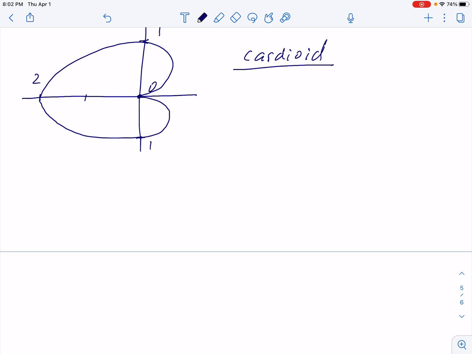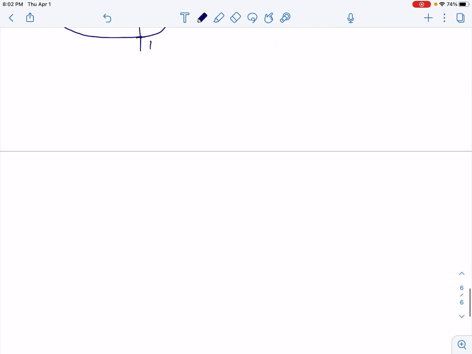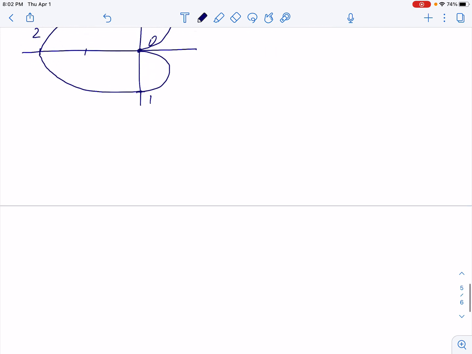Drawing by hand is important because you get better acquainted with the curve. If you just use the calculator, sometimes you can get mistakes. Let me give you one example. Look at the circle that we did before.